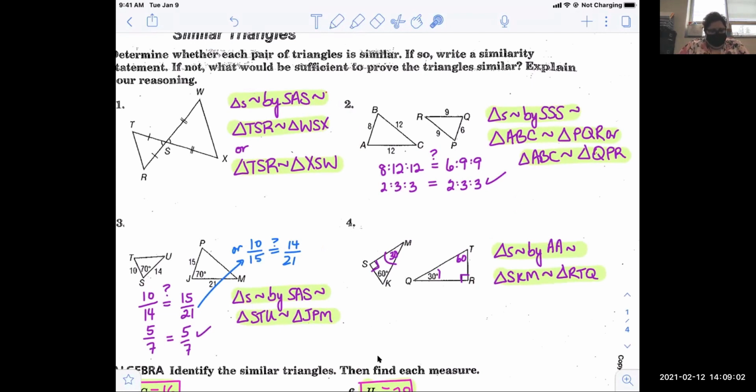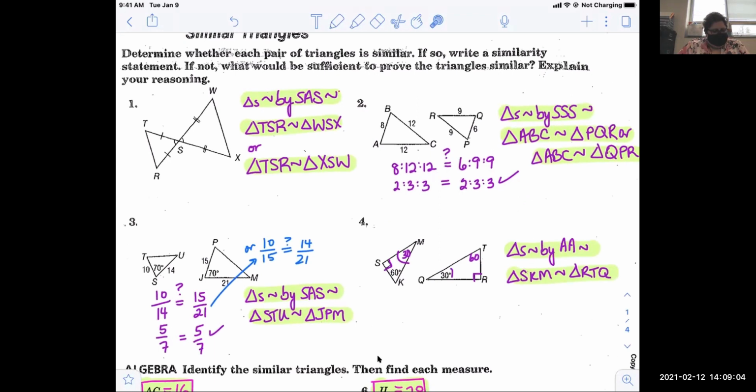Questions on 1 through 4? Yes. Yeah, because they have to add to 180, this one has to be 30. That one's going to have to be 60, and then you got an angle.